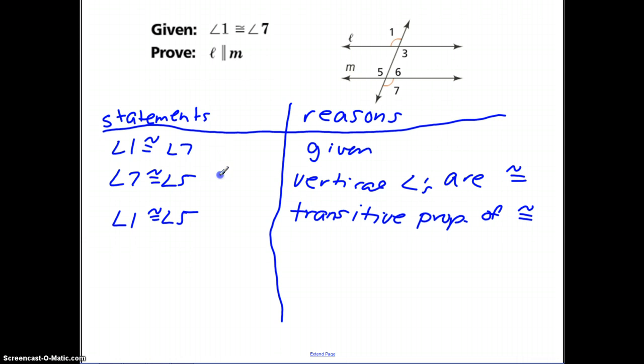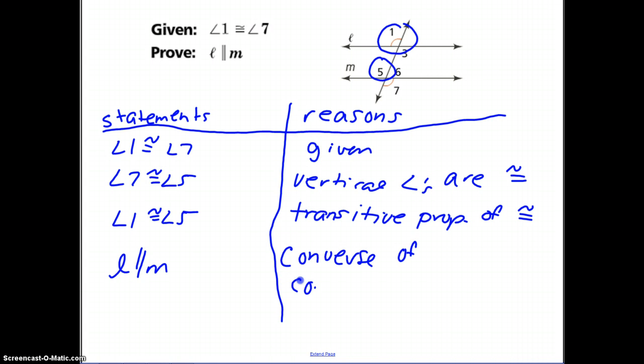Well, so my goal was to make some congruent corresponding angles, and I did right here. I made angle 1 congruent to angle 5, which tells me then that line L is parallel to line M because of the converse of your corresponding angles postulate.